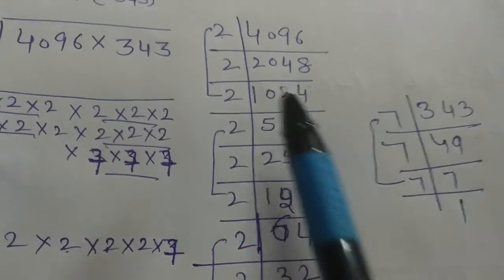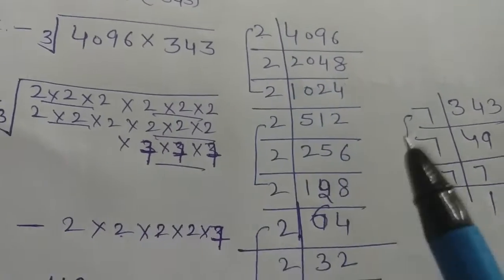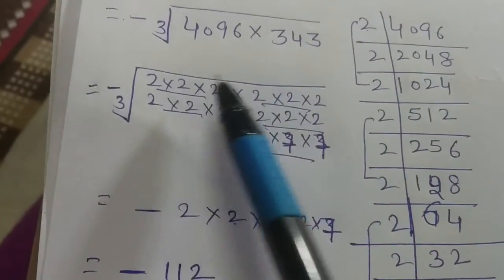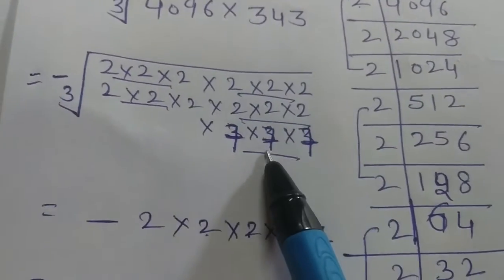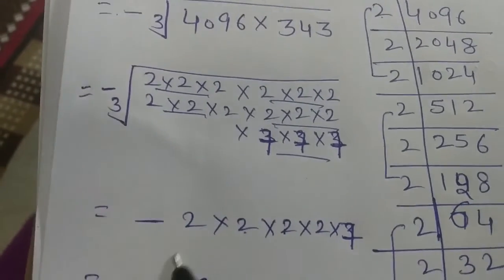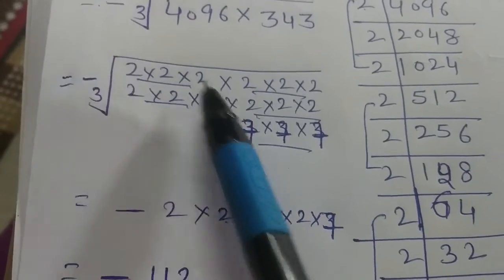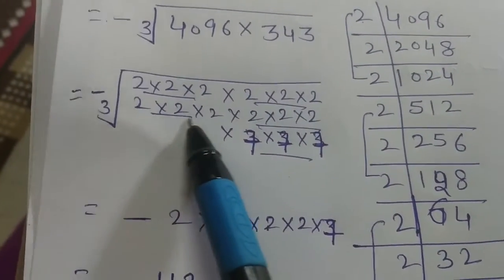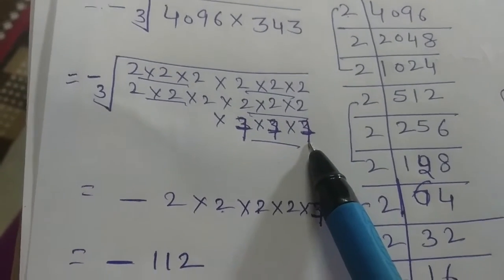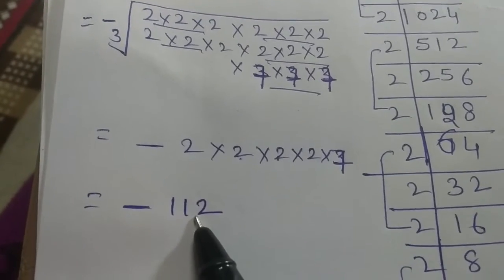Then make groups of 3 numbers, triplets. Write all the prime factors. Then I have written the minus sign here. Write minus 1 2 from this group of 3, 1 from this, 1 from this, and 1 from this, and 1 from this group of minus 7. When you multiply these numbers, you will get 112.